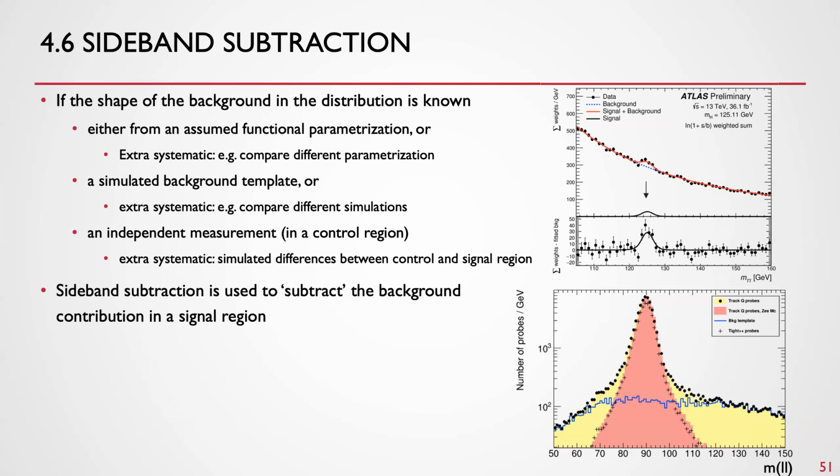So the fit is in this case obtained from a functional parametrization. Now, for a functional parametrization, polynomials are used, and there are other vaguely motivated analytical functions used in these fits.